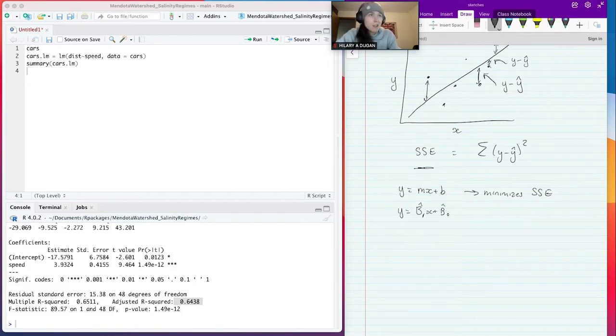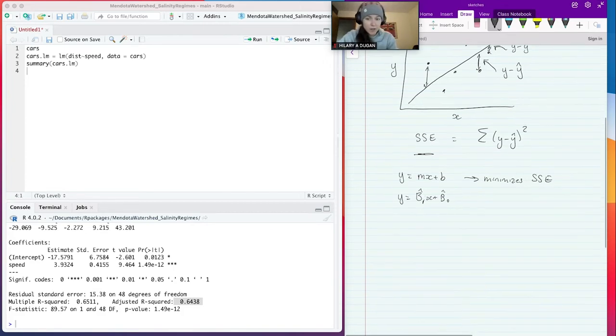And there's actually an analytical solution to this. This means there are equations that have been proven to solve for b1 and b0. If you just Wikipedia ordinary least squares regression, you can see the proof of how these are derived.